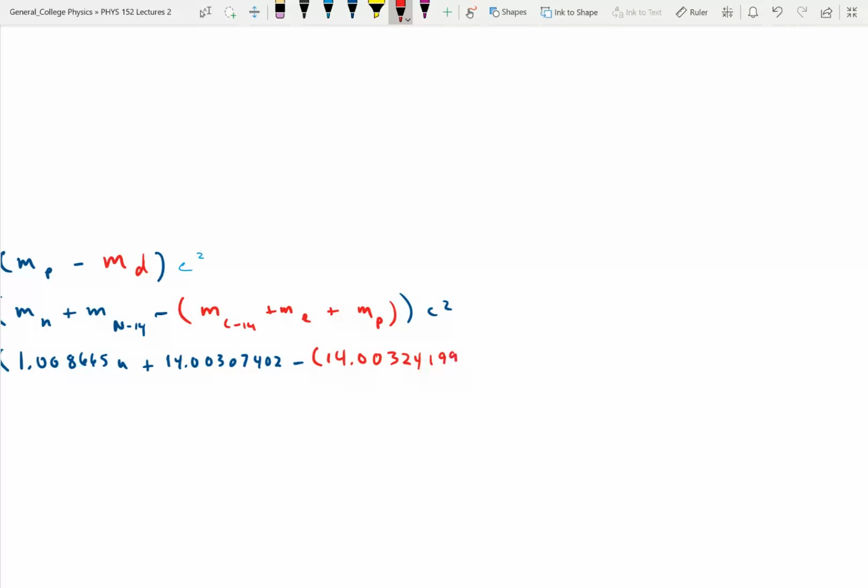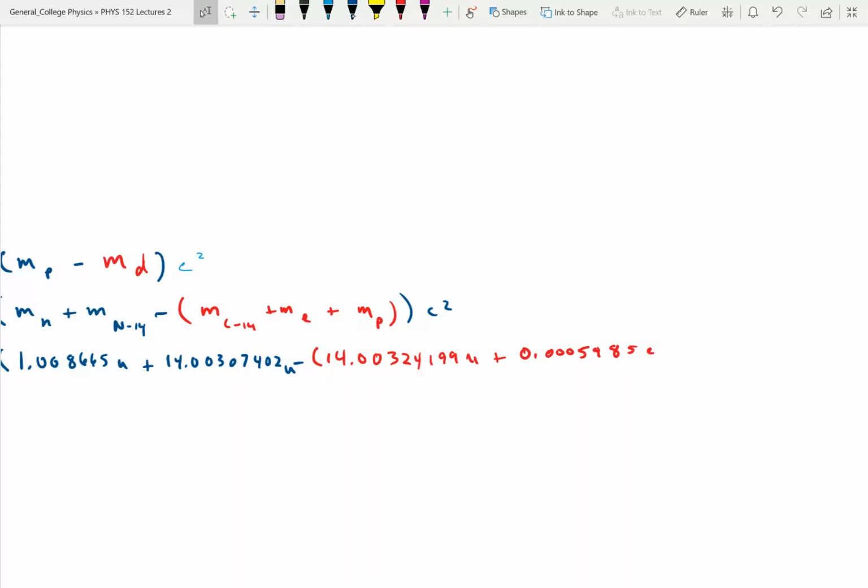I forgot to put atomic mass unit over here. I'm going to fix it now before I forget. Plus the mass of an electron, which is, and I recalculated this in reverse, so my digits may not be exactly right here. When I say in reverse, I actually took the rest energy in mega electron volts, which is why I wrote an E there by accident.